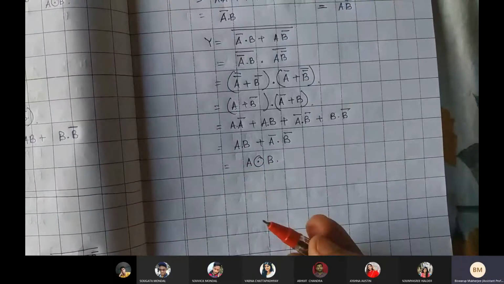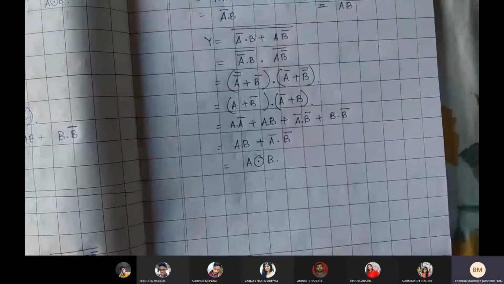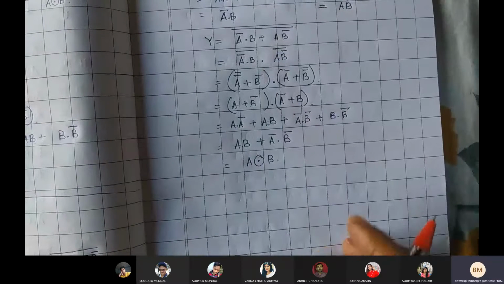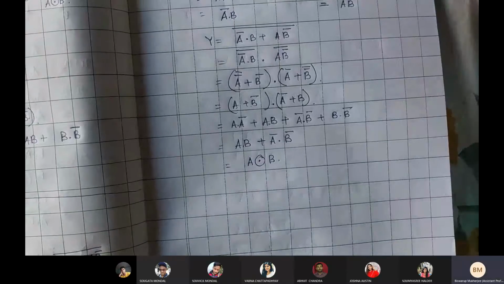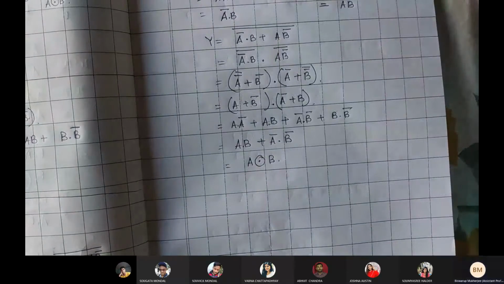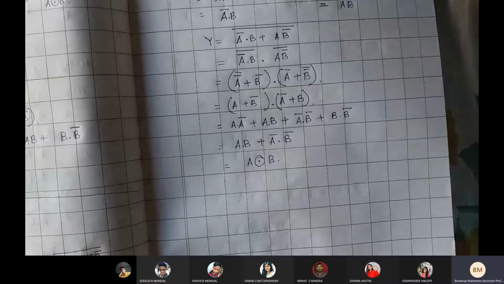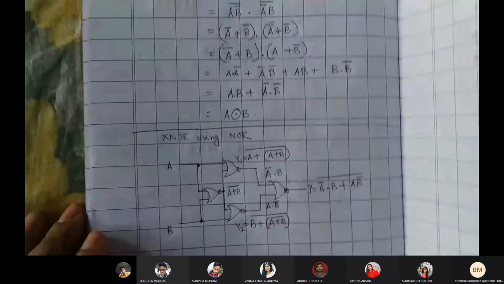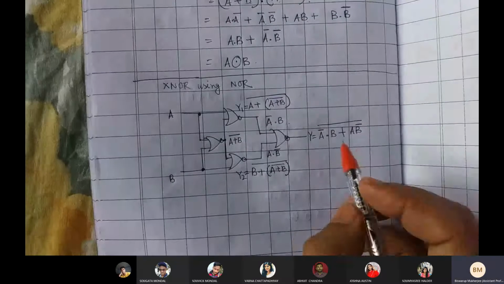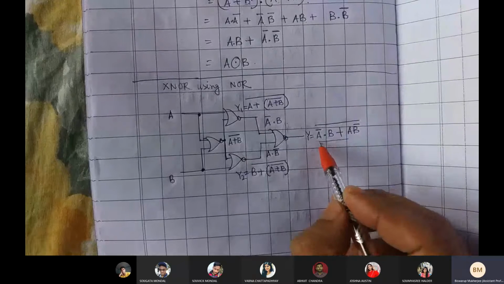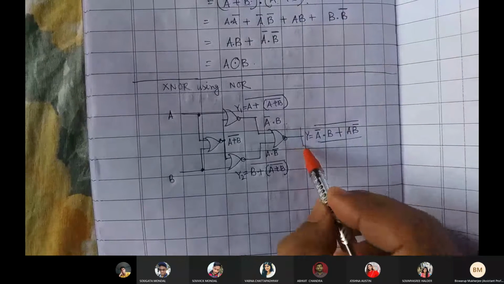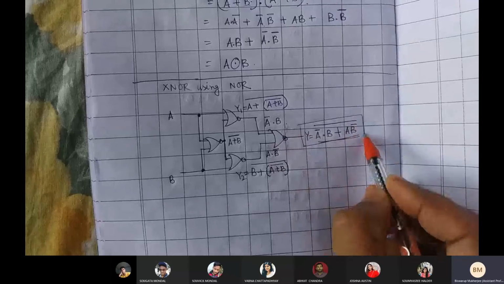Okay. So in this way we can get XNOR using NOR. Now, most interestingly, let's come to this particular part again. If you look after this section, what is that?